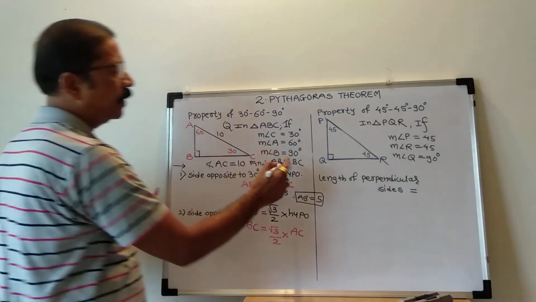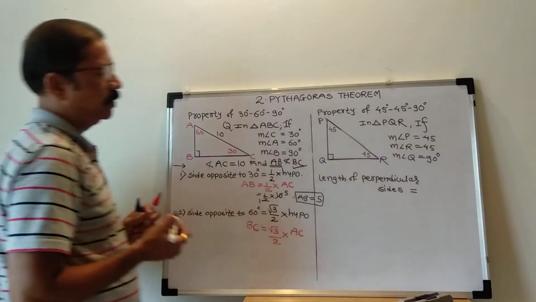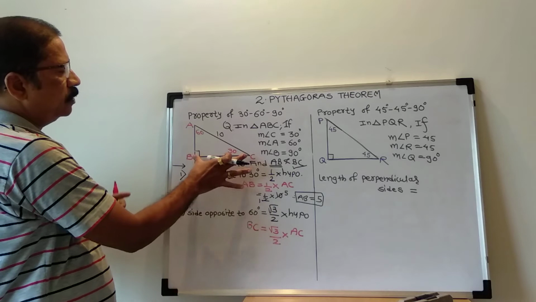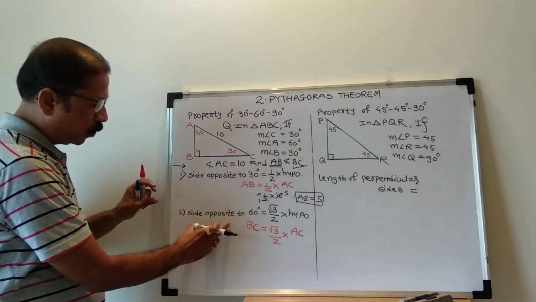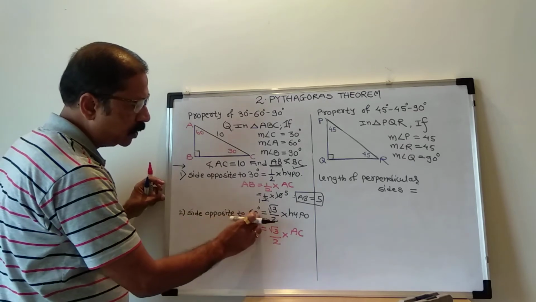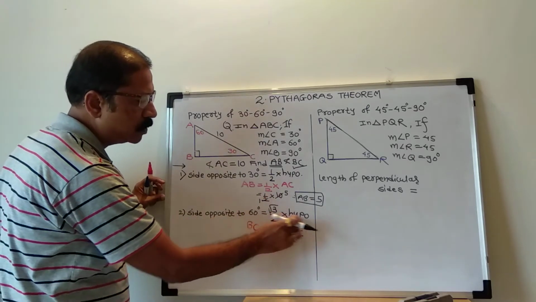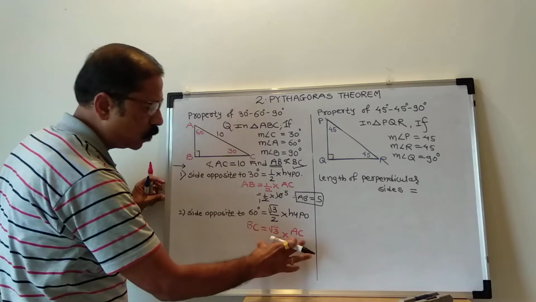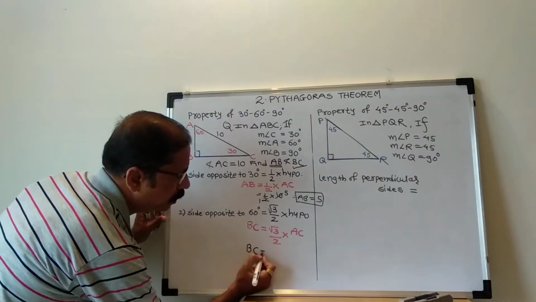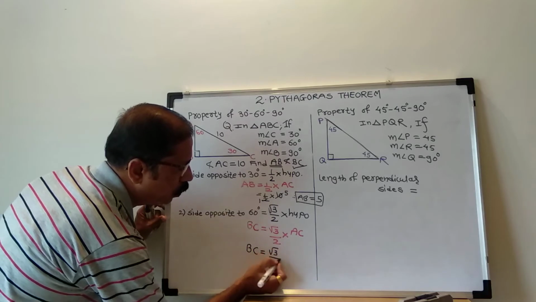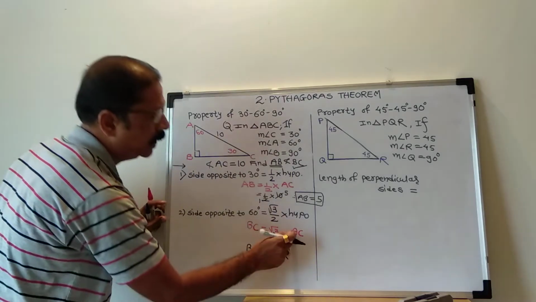Second part, you have to find BC. Now here BC is the side opposite to 60 degree. Again, focus on the formula. Side opposite to 60 degree is root 3 upon 2 times the hypotenuse. This is the formula. Substitute the value. BC is equal to root 3 upon 2 times AC.